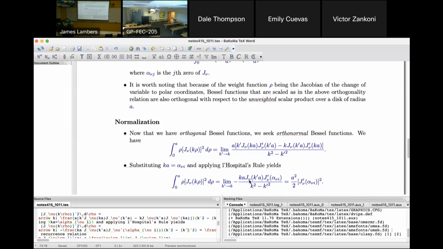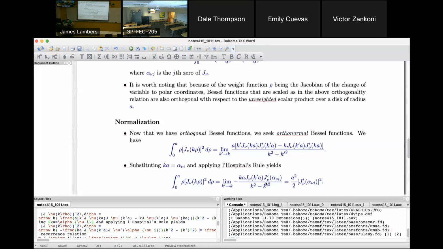Now, this part doesn't depend on k prime. It stays the same. So I still need to take the derivative of the numerator with respect to k prime, but the only place where k prime shows up is right here. So what am I going to get? I'm going to get J nu prime of k prime a, and then by chain rule, I'm going to have another factor of a.